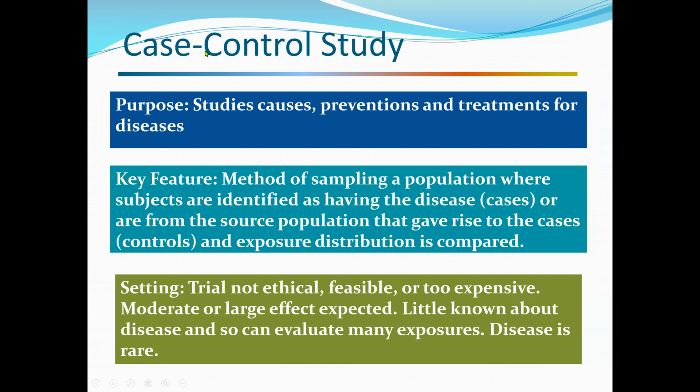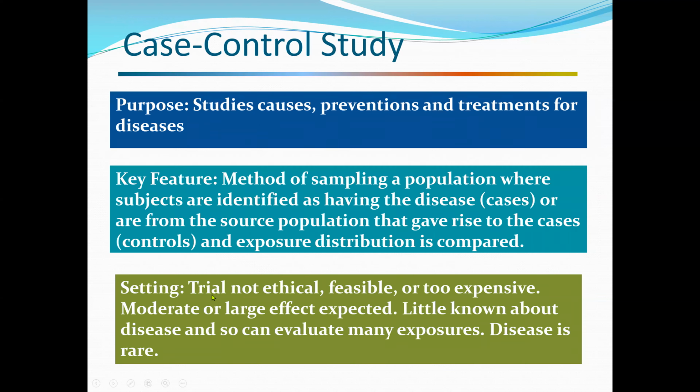So with the cohort study, we have one group exposed and the comparison group. But with case control, we are going to study two groups: those with the disease, the cases, and those without the disease, called the controls.